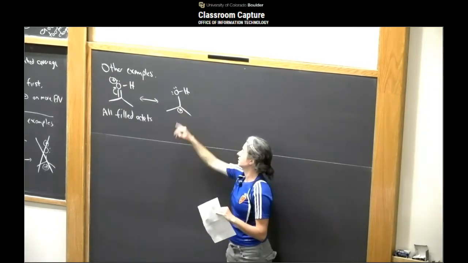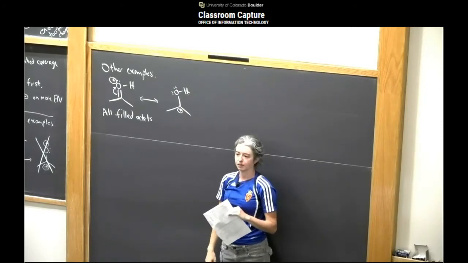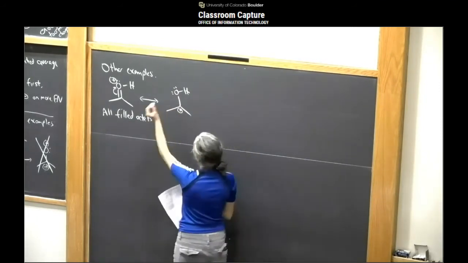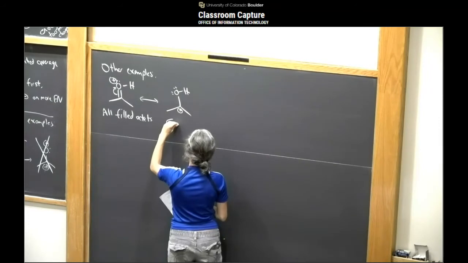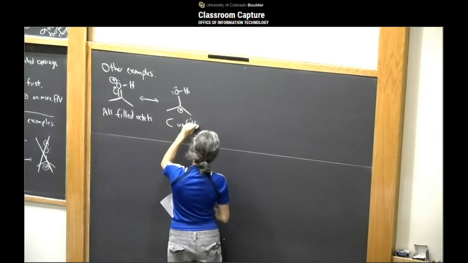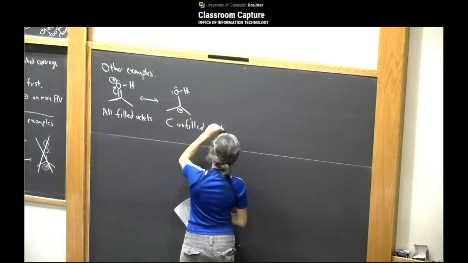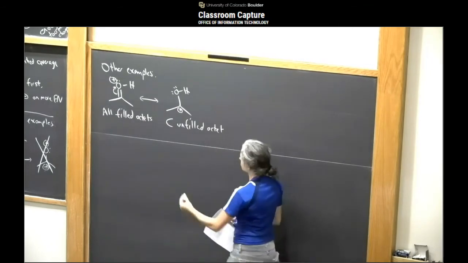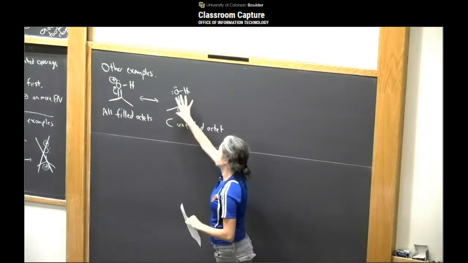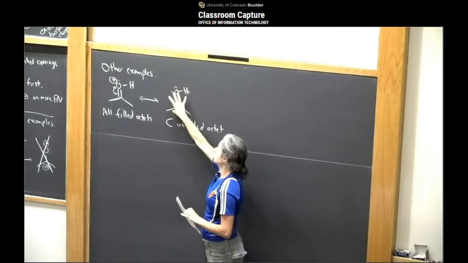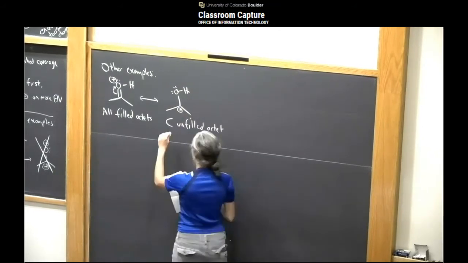How about number of unfilled octets over here? 1, right? Carbon with a positive charge is an unfilled octet. So that right there is enough to render this one as the less stable resonance form.